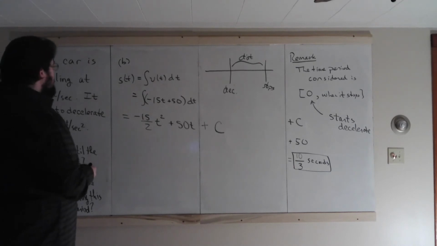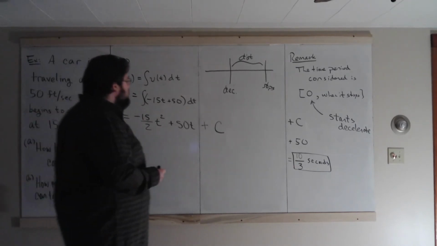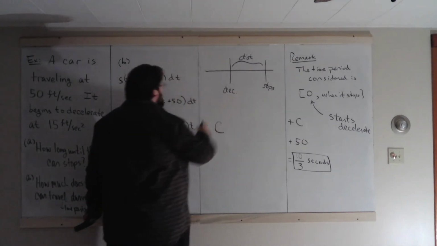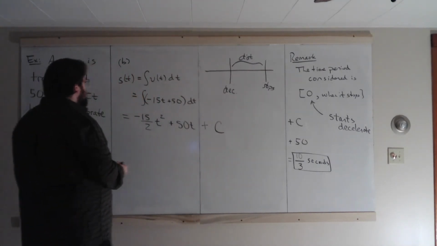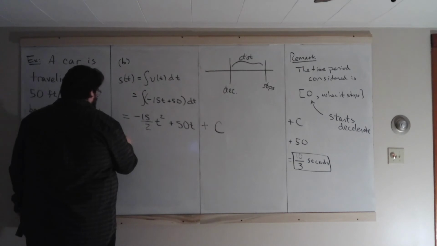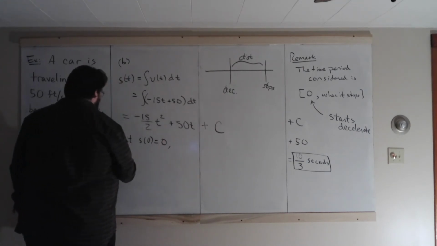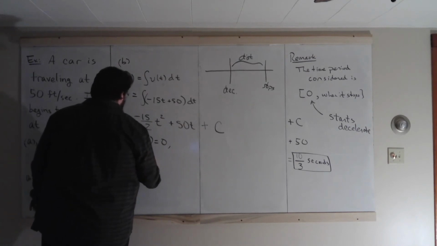Well, okay, we have our position function. Let's find c. Well, we already said at time 0, we're going to assume it's position 0. So s of 0 equals 0.